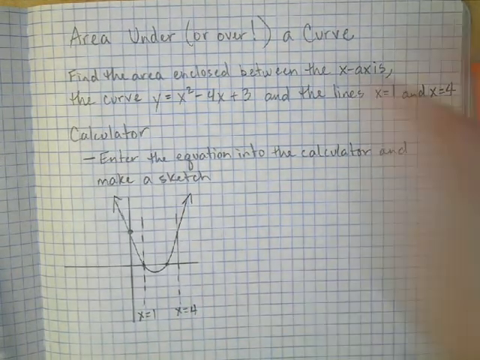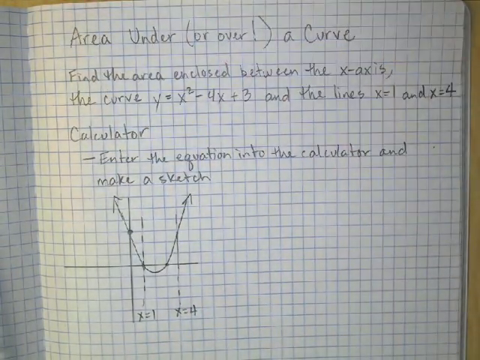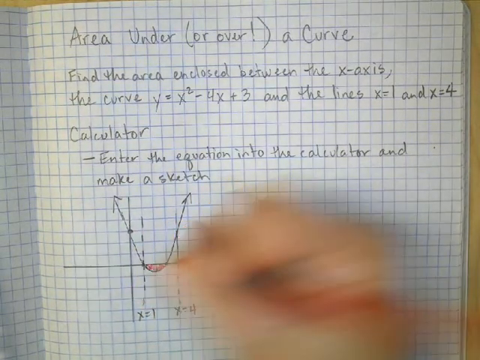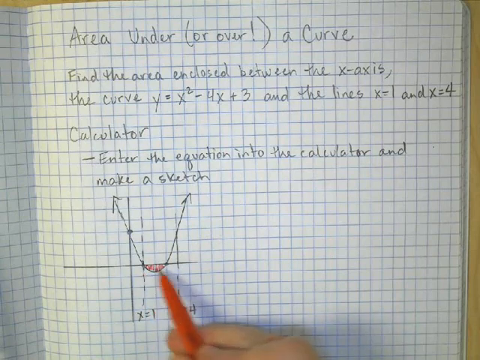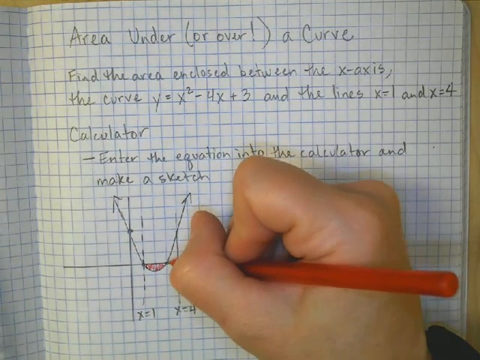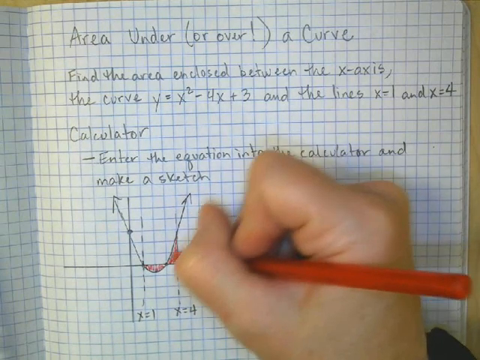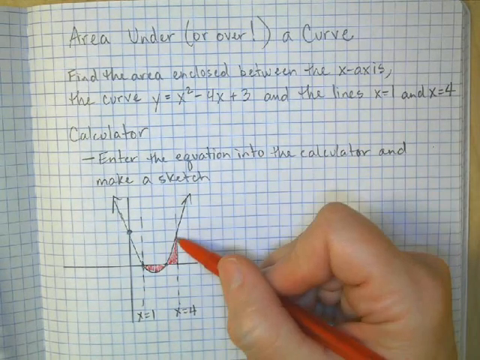So if I shade that in, I want any areas that are bounded by this curve and the x-axis. So this area right here is bounded by the curve and the x-axis, and this area over here is bounded by the curve and the x-axis, and it's between the 4 and the 1.